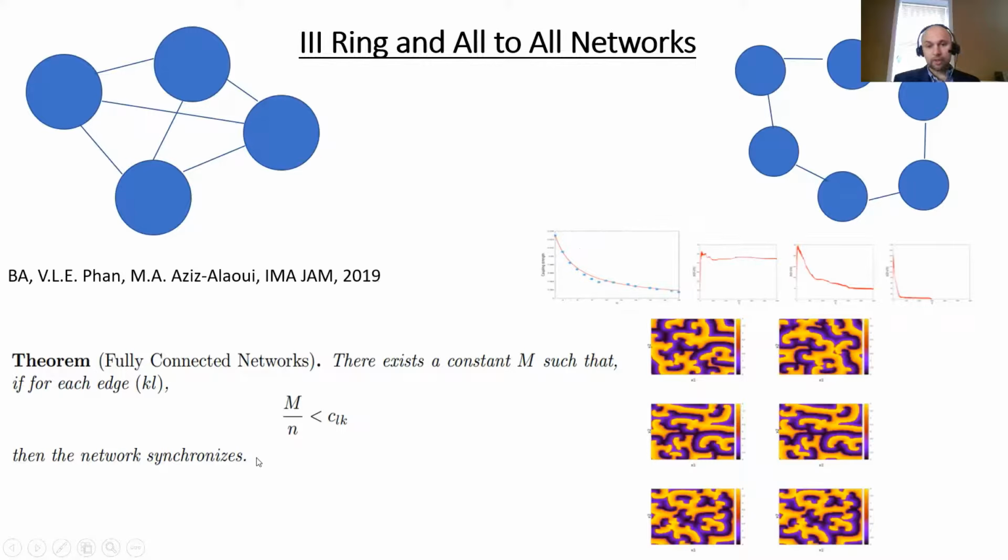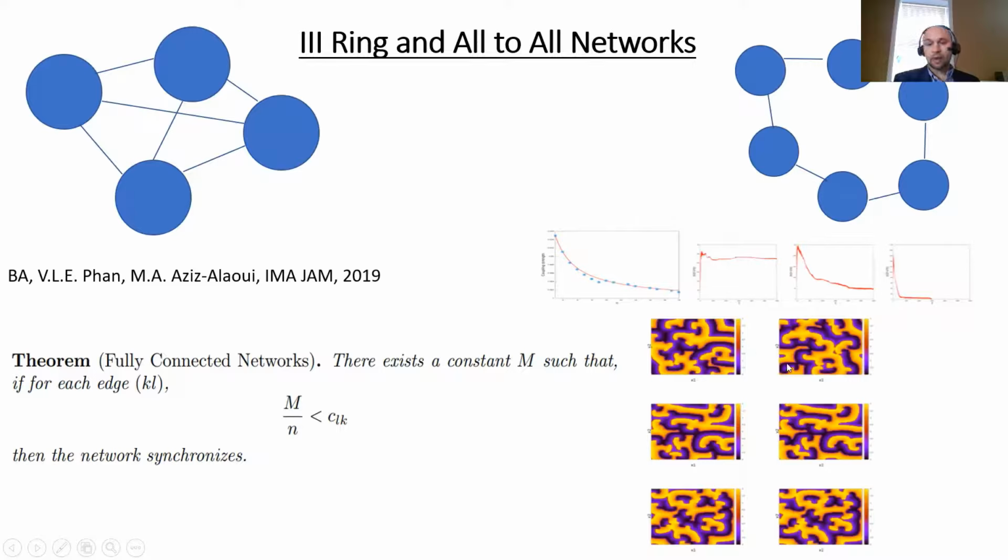So this is of type m over n. All right. So this means that this number, which is just a sufficient condition, is in good agreement with numerical simulations.